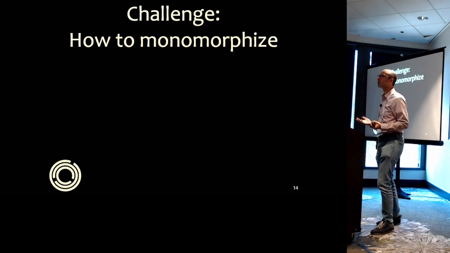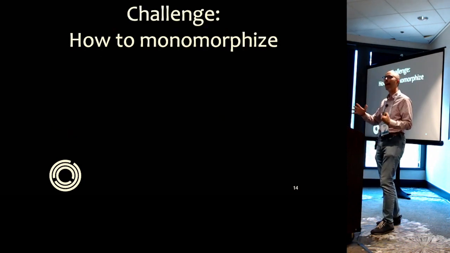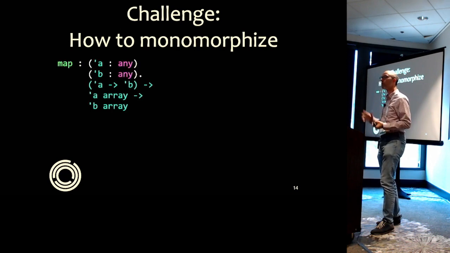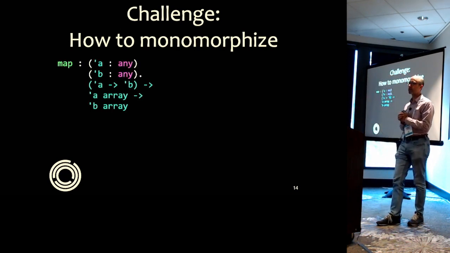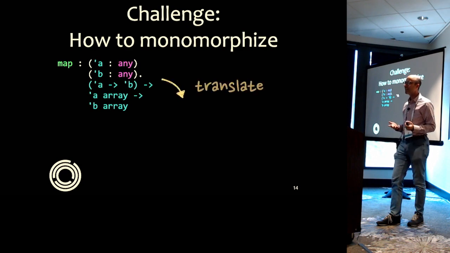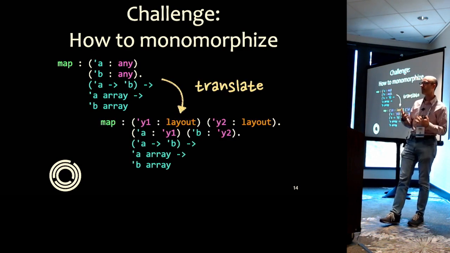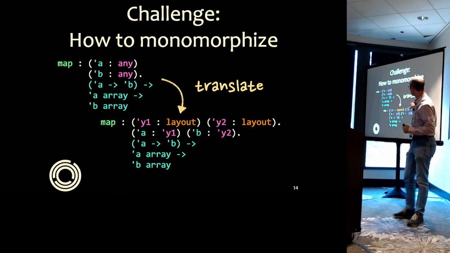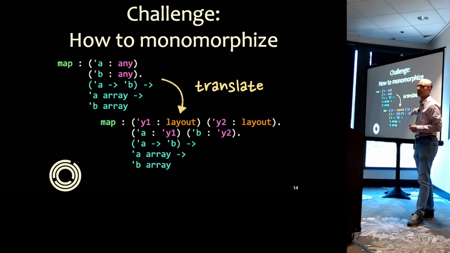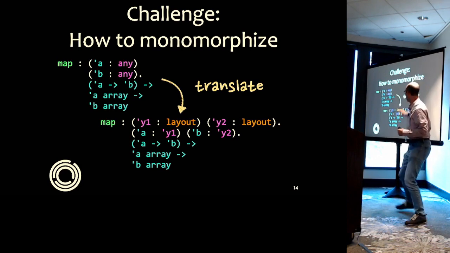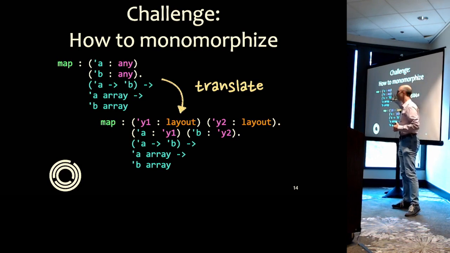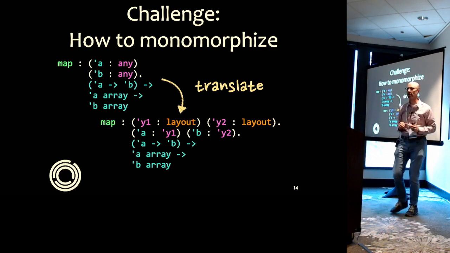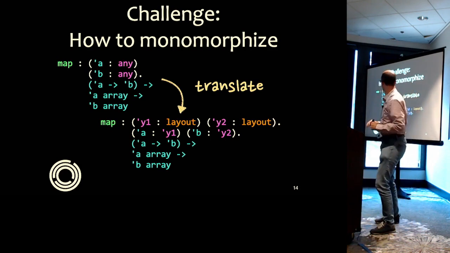So one question is that given that map, exactly how am I going to monomorphize it? So here again is the type of my layout flexible map. The first step to be able to understand how the layouts flow through the implementation is I'm actually going to translate this layout flexible map into the full layout polymorphic one. So this is using some hypothetical syntax that we don't expect to introduce into Surface OCaml. Unlike this, actually already we can type that in and parse it and make sense of it in our branch of the compiler.